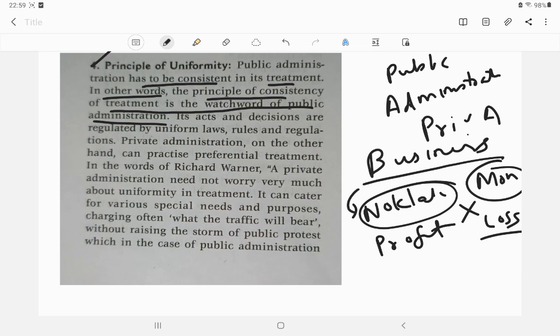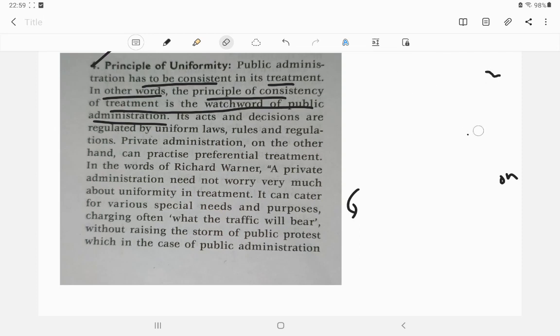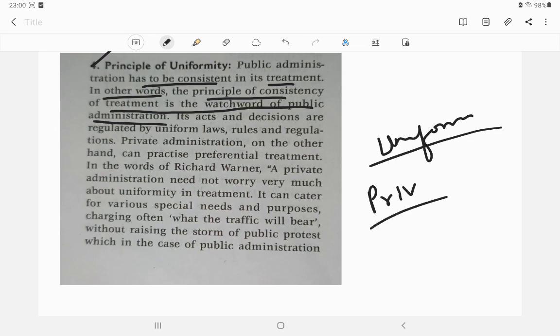So in one way he is differentiating the two districts. This is the explanation for the principle of uniformity. Public administration is uniform everywhere in policy implementation, whereas private administration is not uniform.